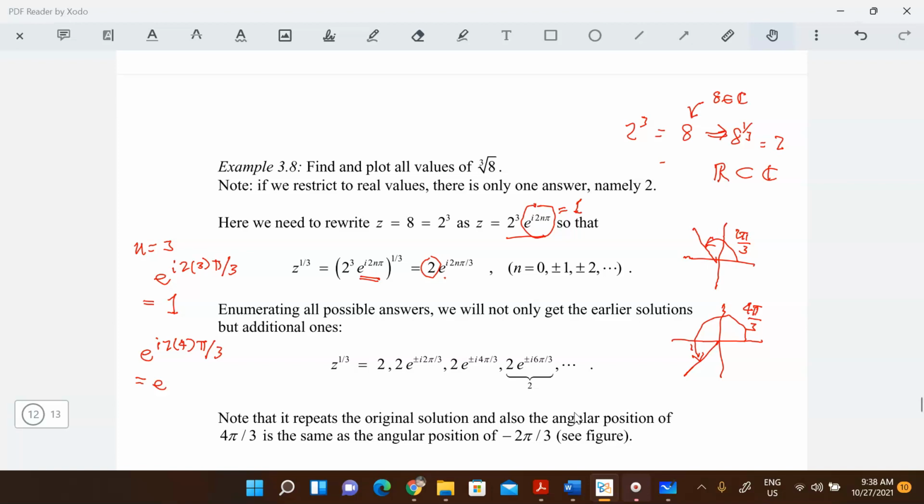That will be 6 pi over 3 plus 2 pi over 3, so e to the i 2 pi times, that gives you 6 pi over 3, and then the rest is 2 pi over 3. And you get back to this condition.